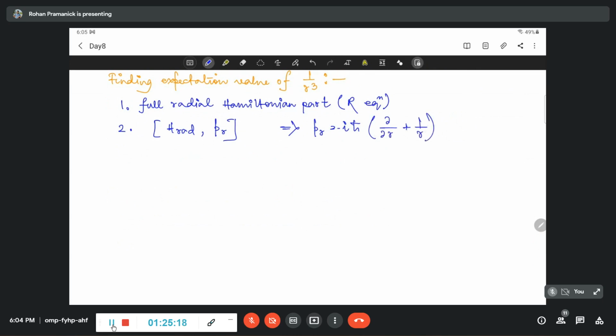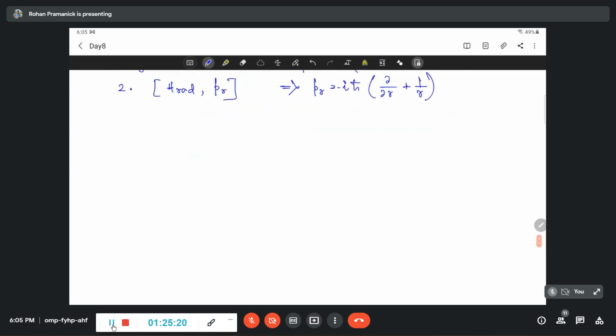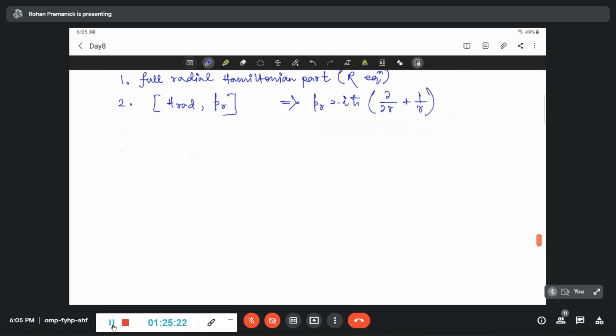You have to take the expectation value of this commutator of H rad and PR, and you will see that there will be a piece which is 1 by R cube.